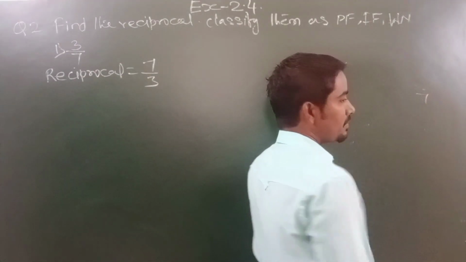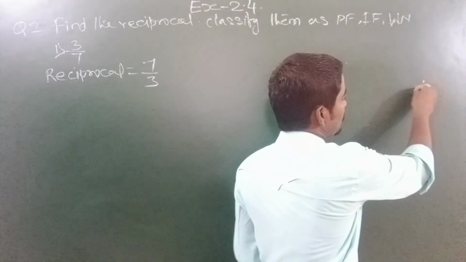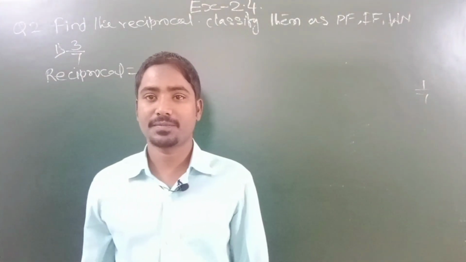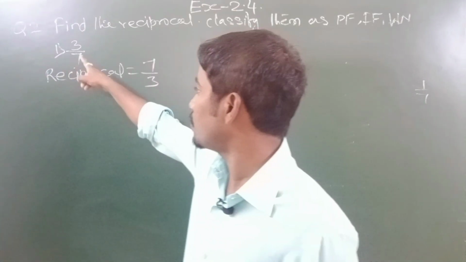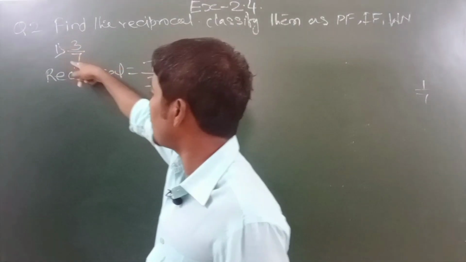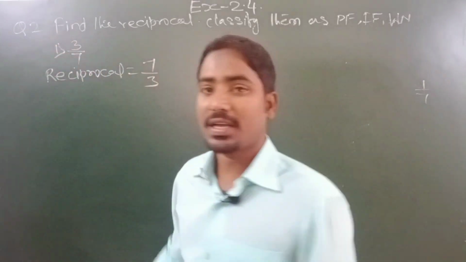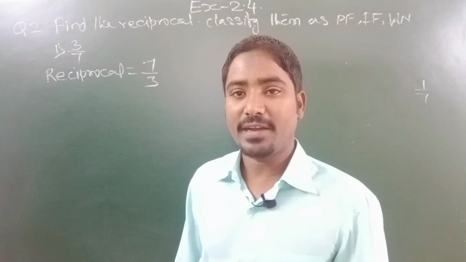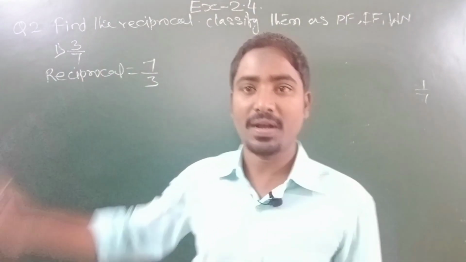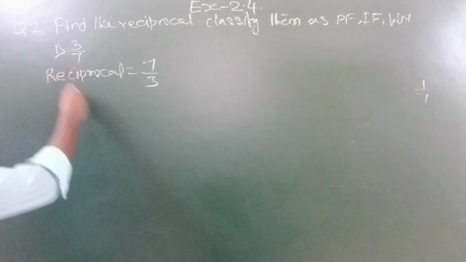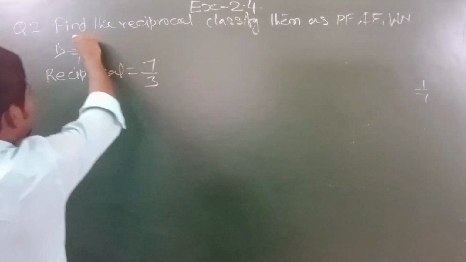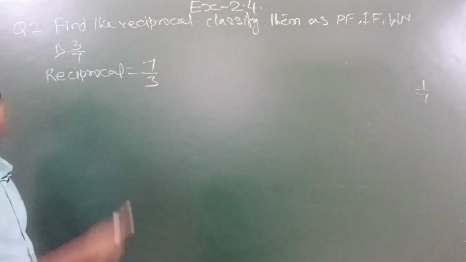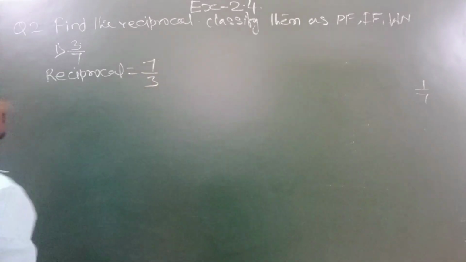What will be the reciprocal of 7? It will be 1 upon 7. Similarly here also, if you divide 1 by this fractional number, you will get its reciprocal, and the 7 will be shifted to the numerator and the 3 to the denominator. So the reciprocal is 7 upon 3.